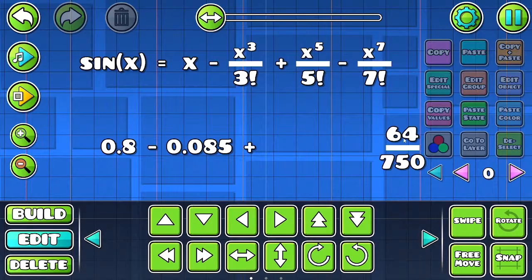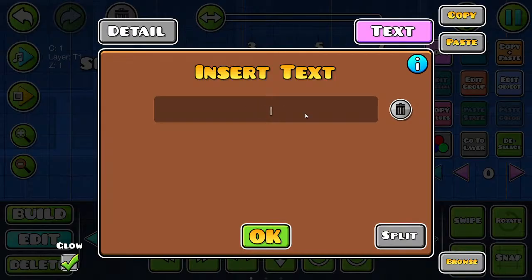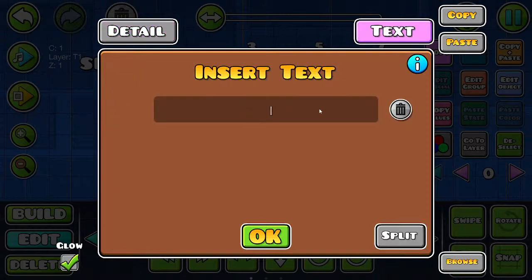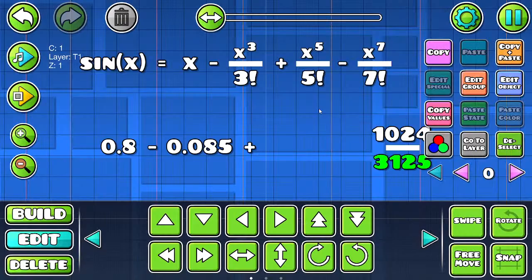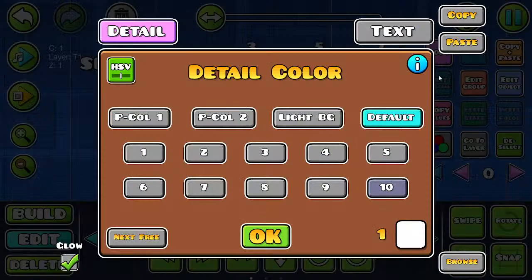And then 1024 over 3125. I have to multiply this by 120.